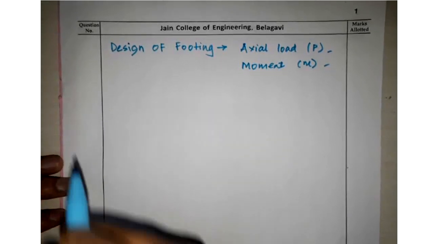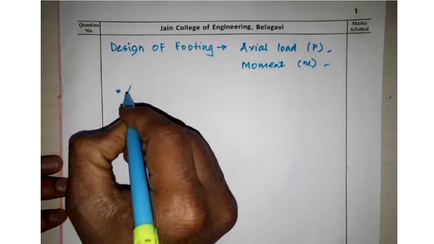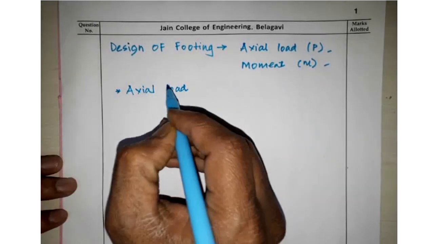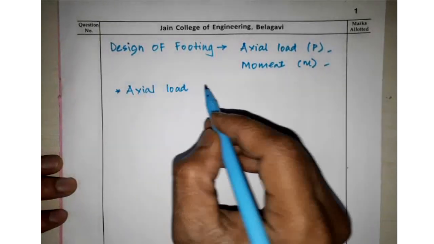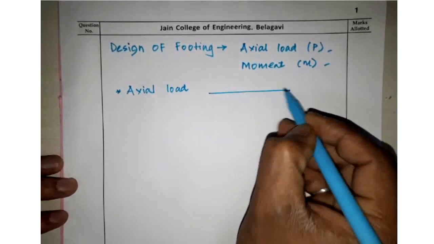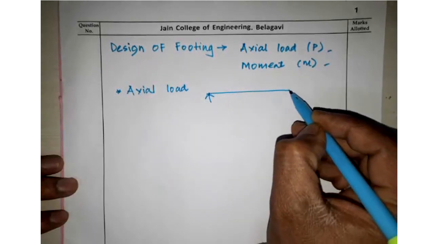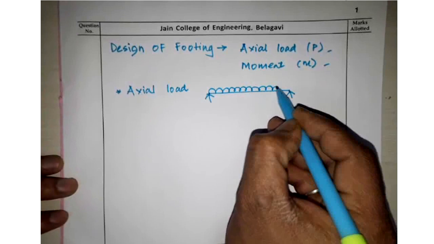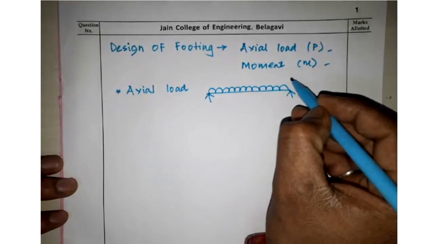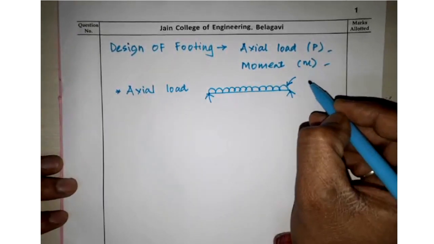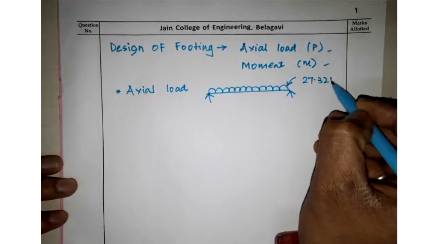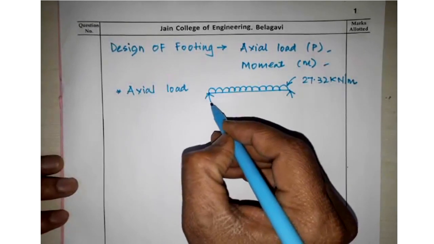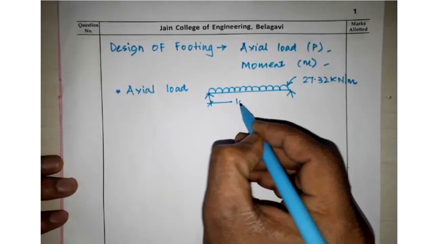So first we have the axial load, as we have done the load calculation. If you go back and check, suppose this is the beam, the load acting over the beam we already calculated: 27.32 kilonewton per meter, and the span of the beam is 10 meter.